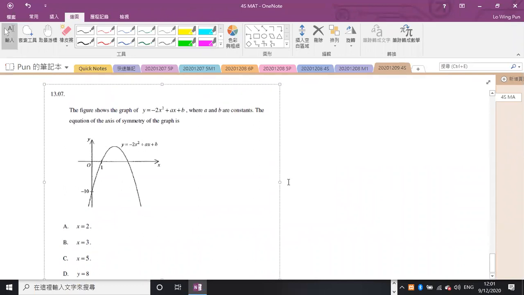The figure shows the graph of y equals negative 2x squared plus ax plus b. And the question asks you to find the equation of the axis of symmetry.